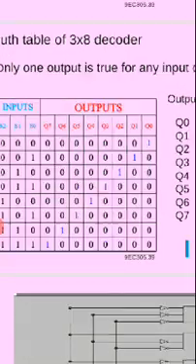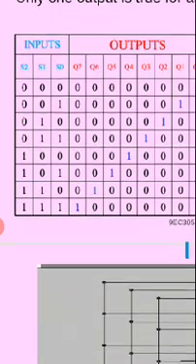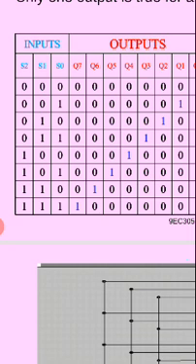For 3 inputs, 2 power 3, 8 combinations we get: 0 0 0, 0 0 1, 0 1 0, 0 1 1, 1 0 0, 1 0 1, 1 1 0, 1 1 1.